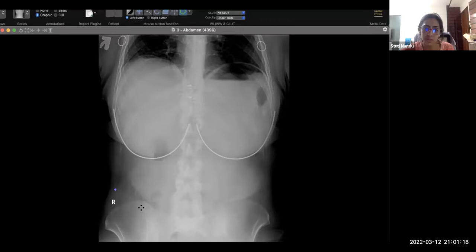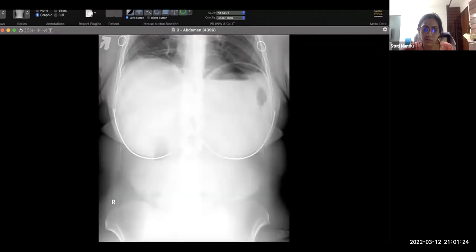So looking at the scan, the diaphragm appears normal. I do not see any free air under the diaphragm. Looking at the ribs, which are visualized, they appear normal. The density of the spine has been entirely opaque.